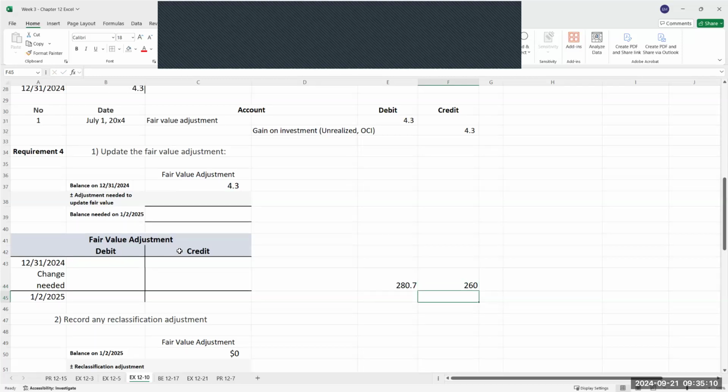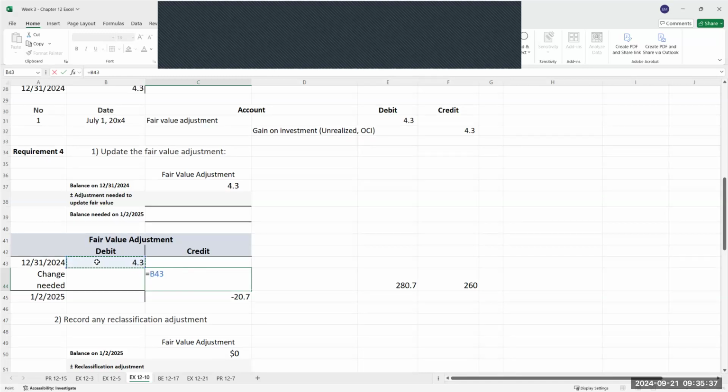All right, so now we need to think logically. We're obviously going to have a loss, right? How do we know that? Because again, we're selling something for 260 million and it's worth $280,700,000. So the ending balance is going to be a negative 20.7. So we have the 4.3. Now we need to determine what the change is that needs to be accounted for.